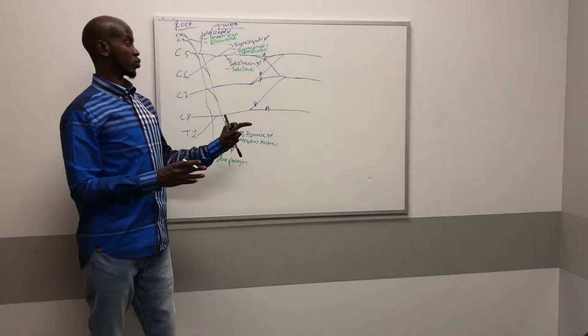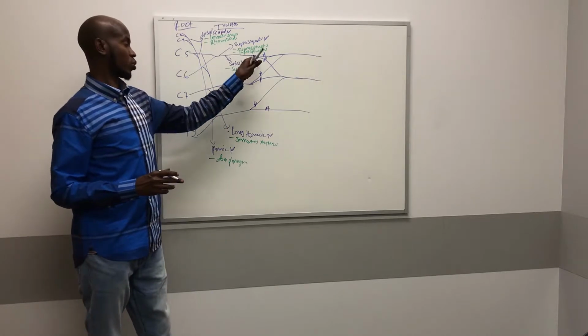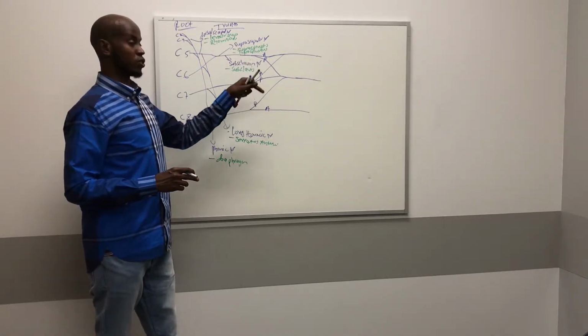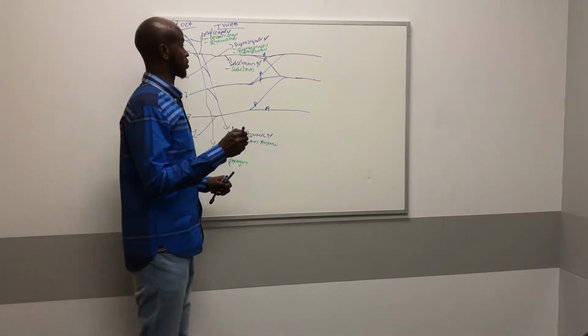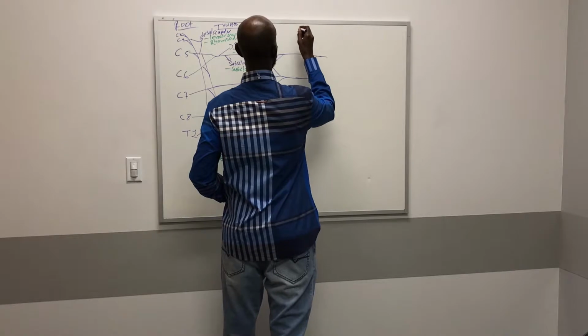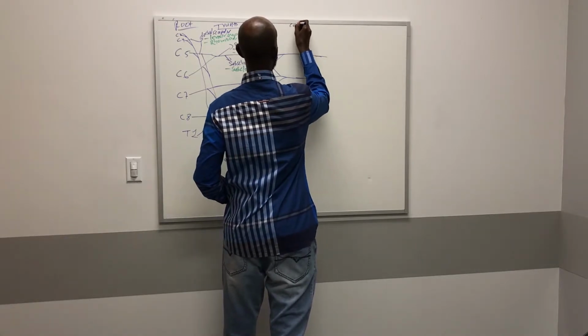So we are now moving to cords. As I said, there is no single nerve that comes off from the divisions. So let's move to the cords.